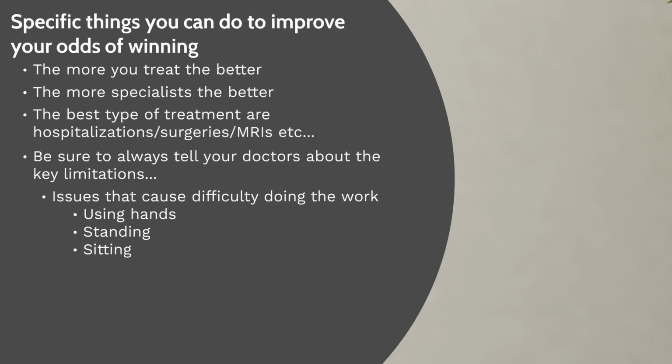So the most useful limitations in this area are difficulties using your hands, or lifting things, difficulties standing for very long, and difficulties sitting. Okay, those are very key limitations. If you have any problems like that, you've got to be telling the doctors about those issues, because that will knock out so many of the jobs that Social Security will be looking at.